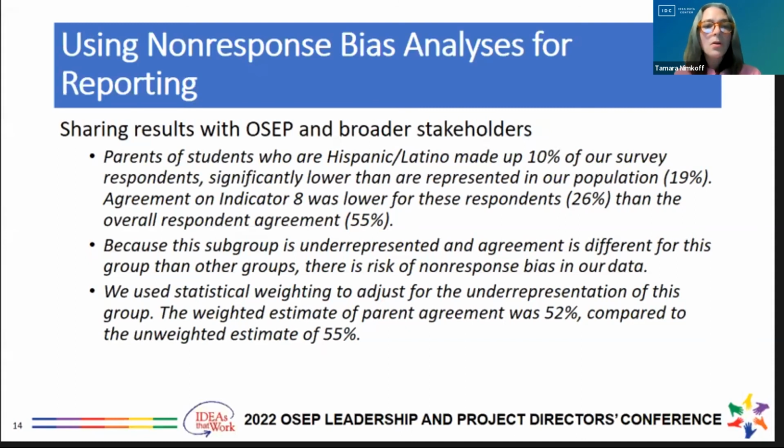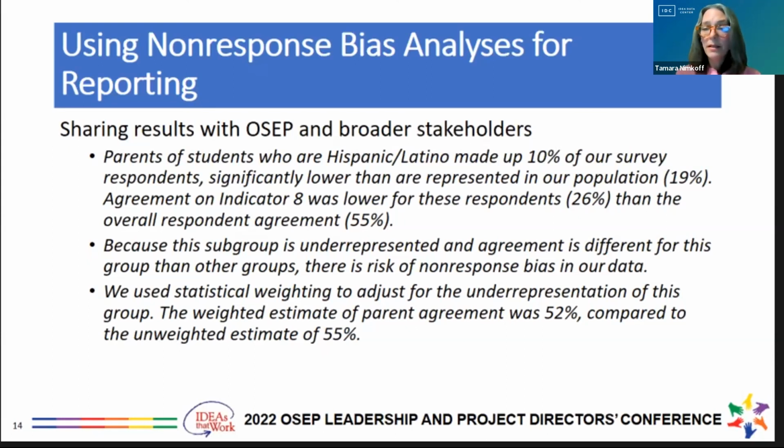So for an example, in reporting in this parent involvement example, the state might choose to report something like this: that the parents of students with disabilities who are Hispanic Latino made up 10% of our survey respondents, which was significantly lower than are represented in the population at 19%.